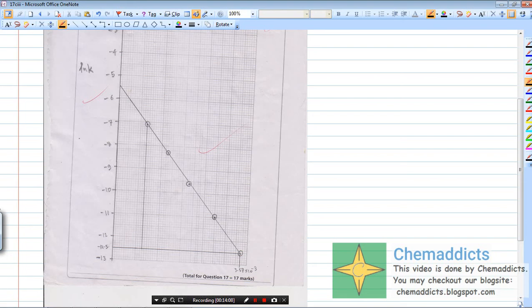This student has plotted accurately, and this straight line is precise. It is not bolded, or the straight line is not overwritten. This is the most accurate straight line, I believe.